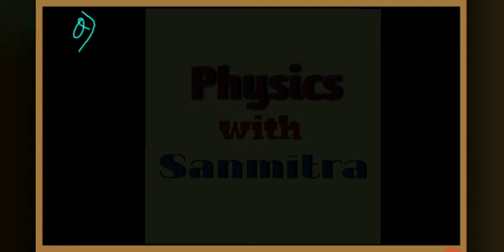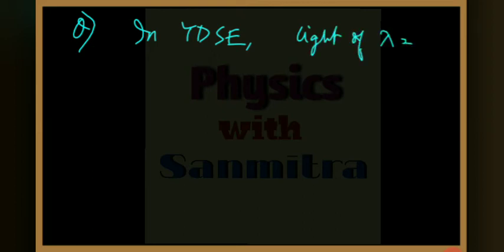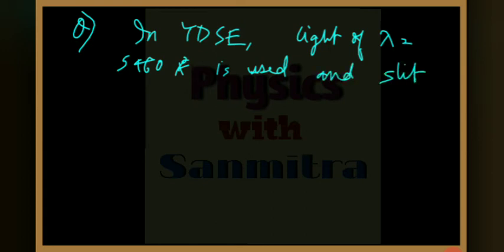This question states that in Young's double slit experiment, a light of wavelength, that is lambda, of 5460 Angstrom is used and slit width is given as 0.1 millimeter.